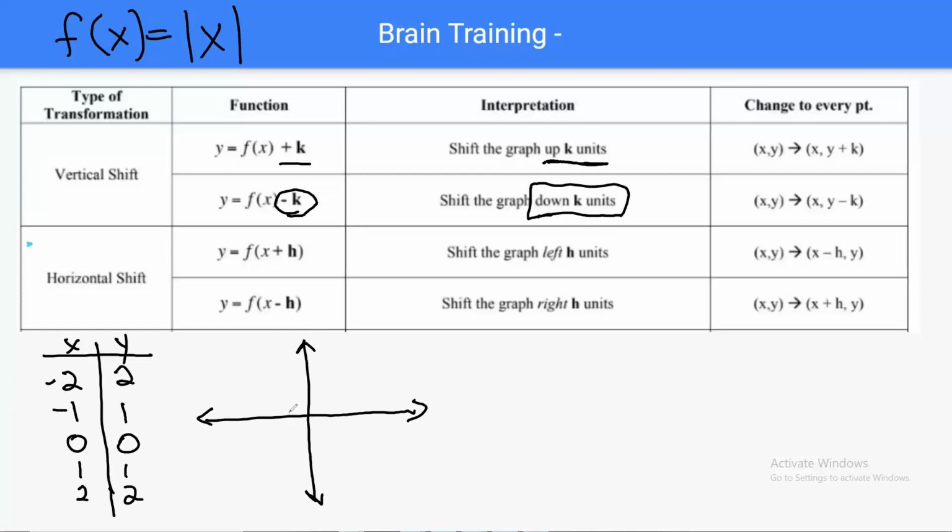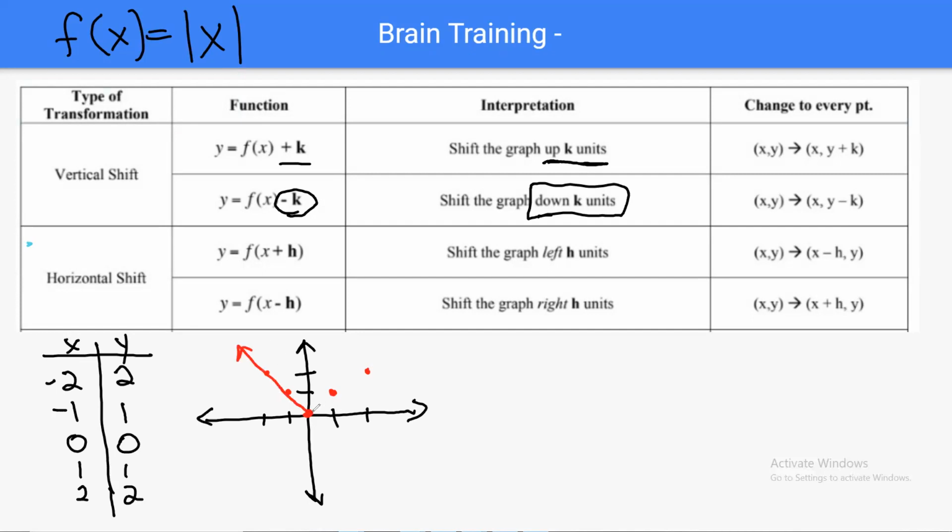So if I graph this here, on my x and my y: -2, -1, 0, 1, 2. The points are (-2, 2), (-1, 1), (0, 0), (1, 1), (2, 2). It's going to look something like this.